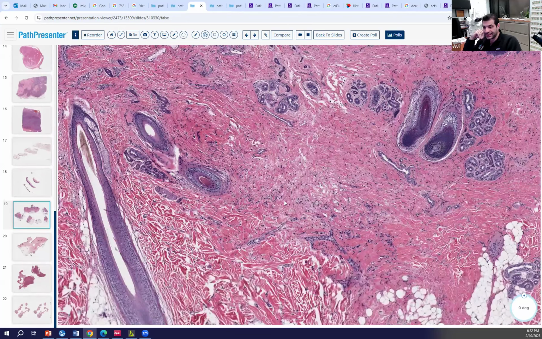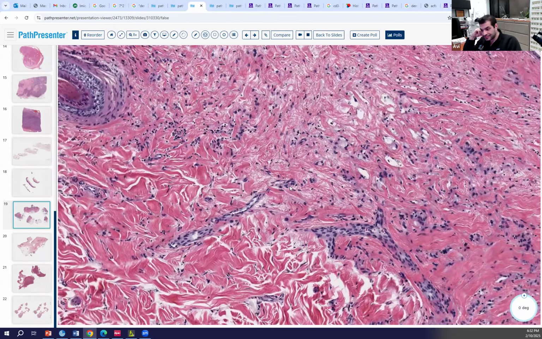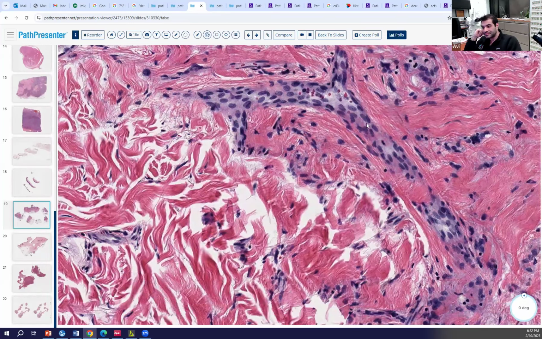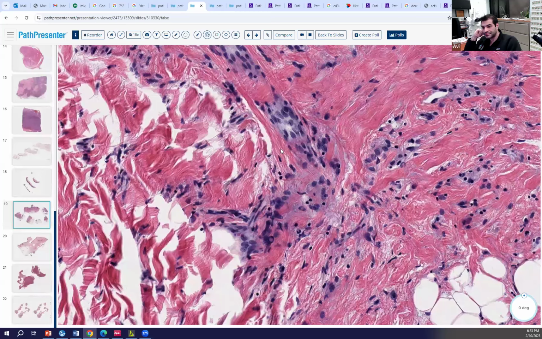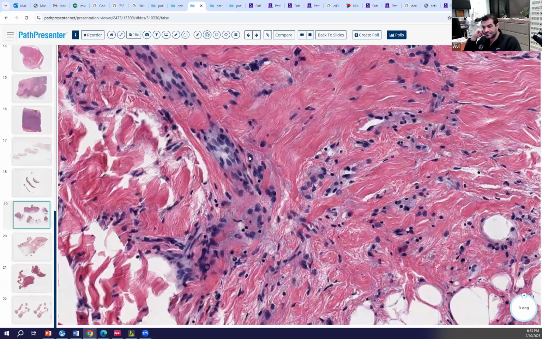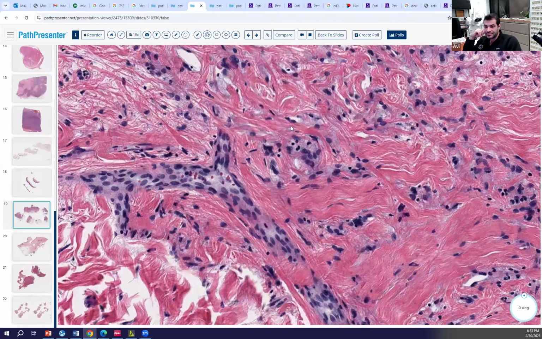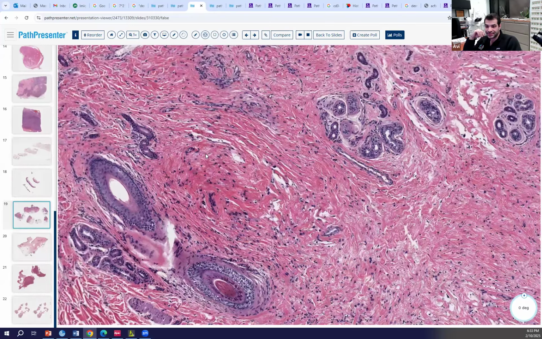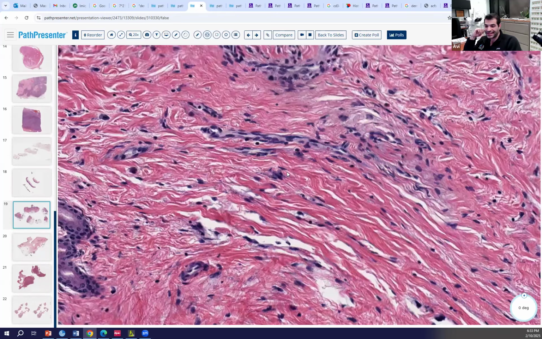What do you guys think is going on here? You might look at some of these structures and think vascular pattern.